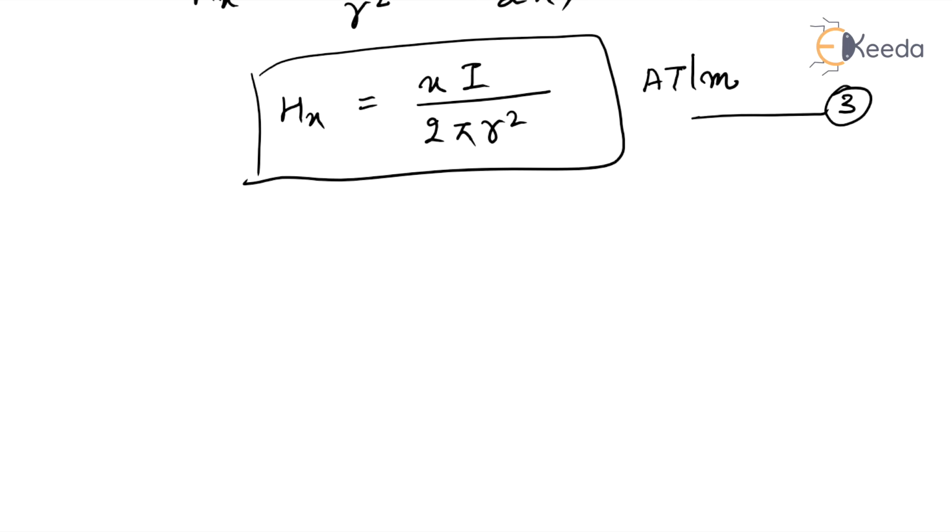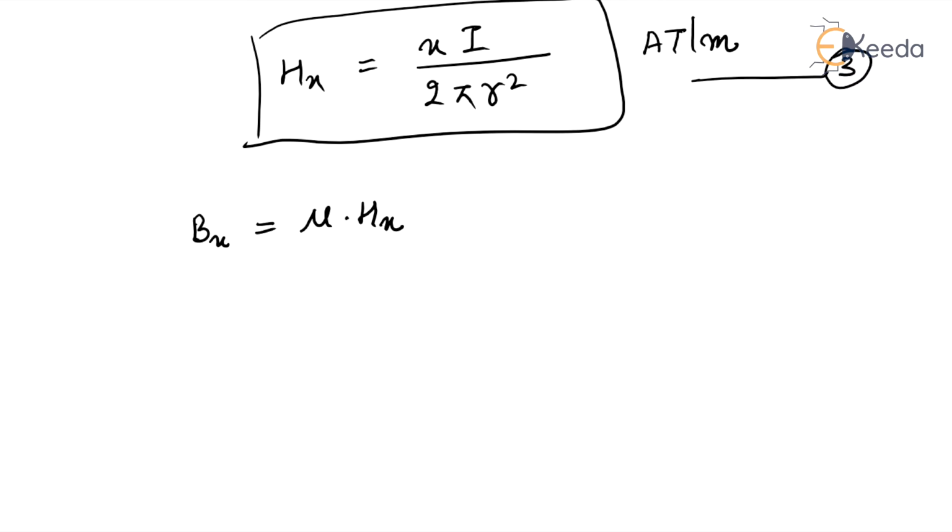We know Bx is equal to mu into Hx, where mu is equal to mu naught into mu r, and for non-magnetic material mu r is equal to 1.